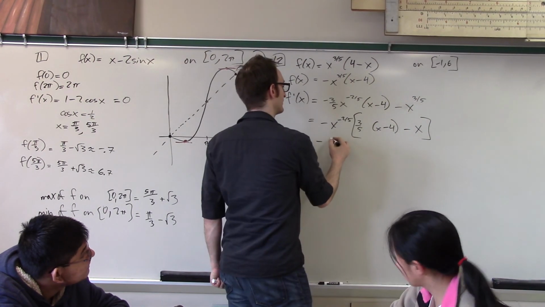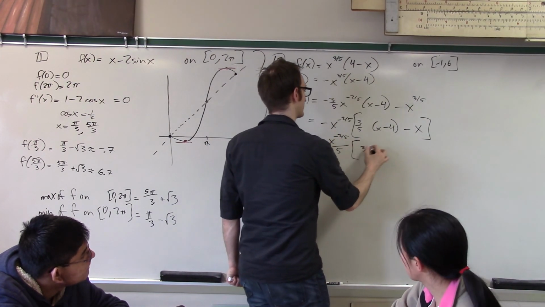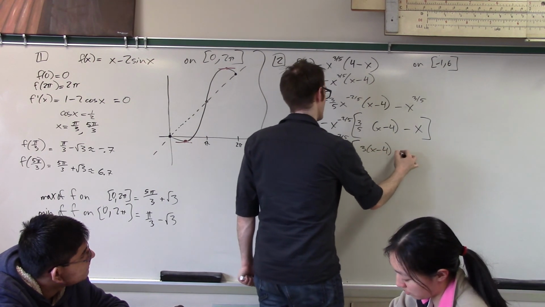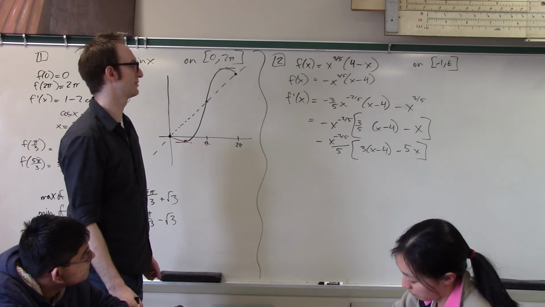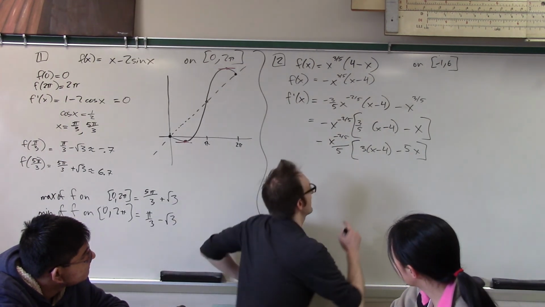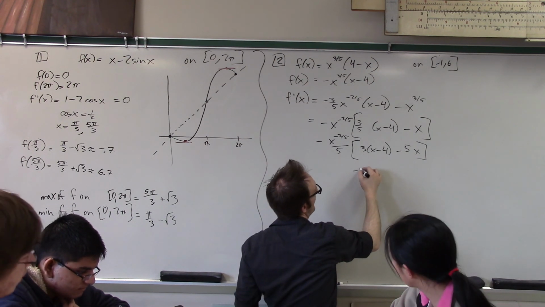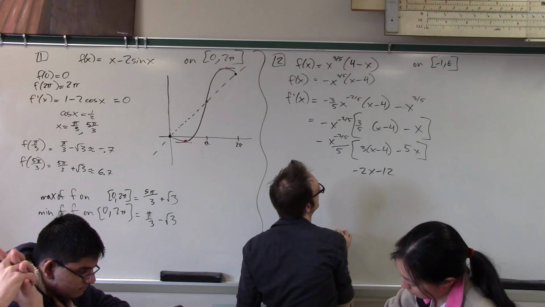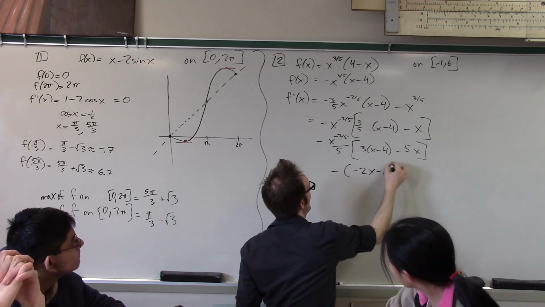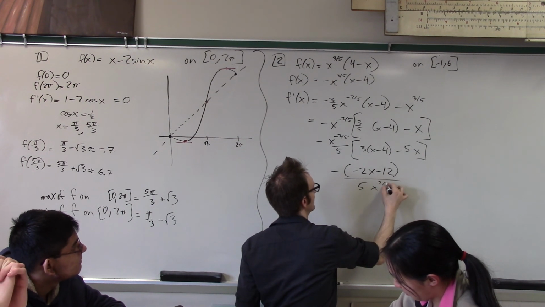And maybe it's also a good time to take out the 5. So if we take out a 1/5, Brittany, you following all this algebra? Then this is 3x minus 4 minus 5x. This is the professional way to do this. So in the brackets we get negative 2x minus 12. Do you agree? Yes. And then there's a negative on the outside, and that whole thing is over 5x to the 2/5.